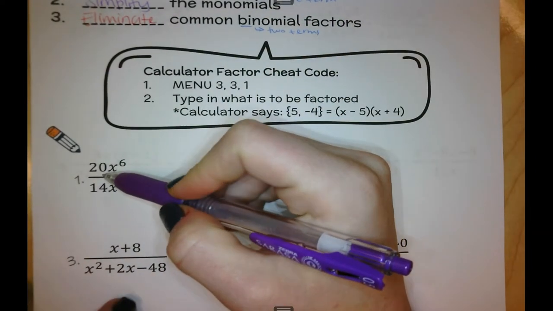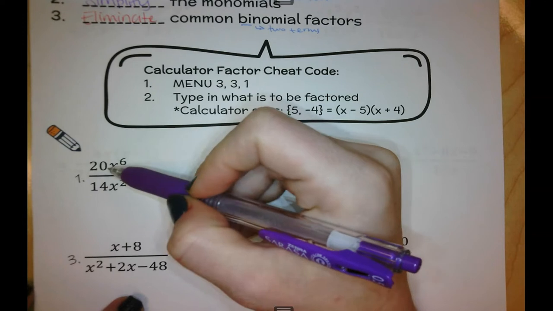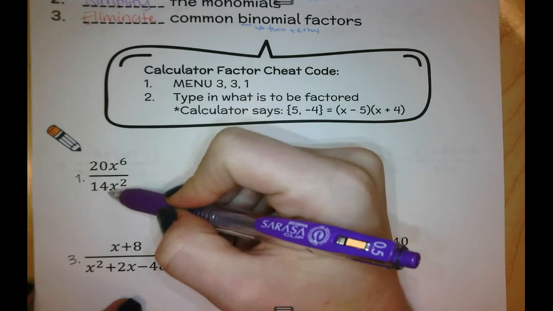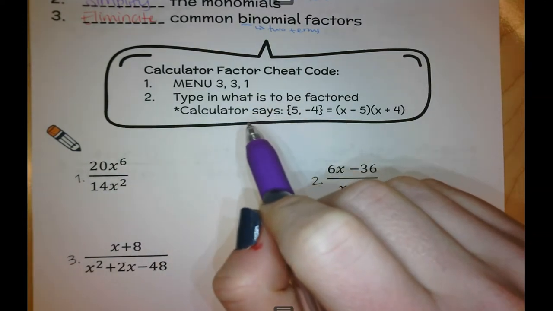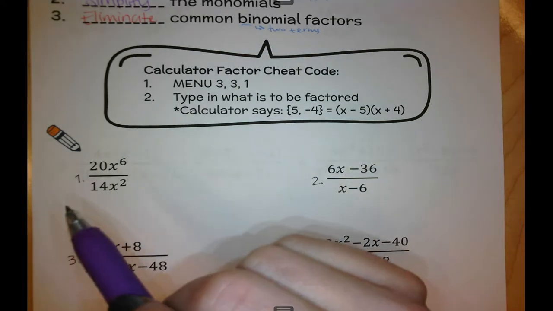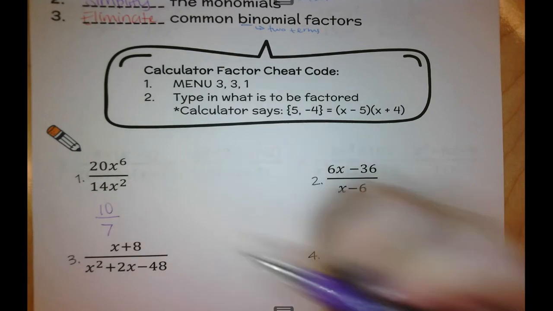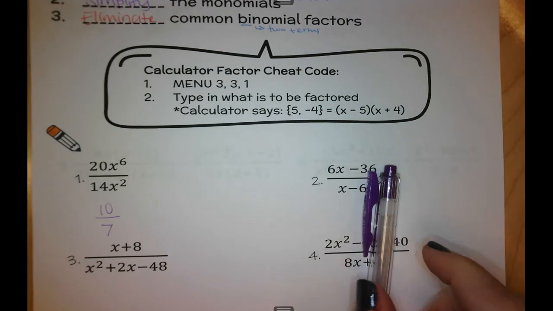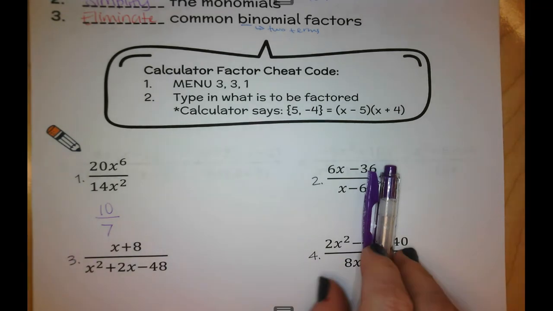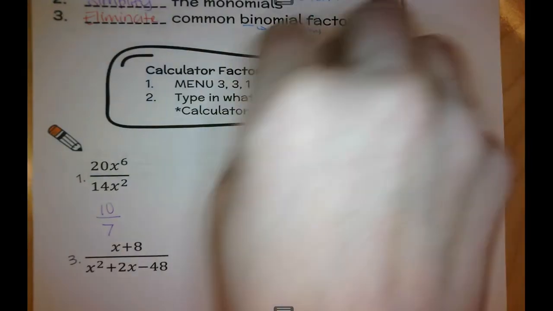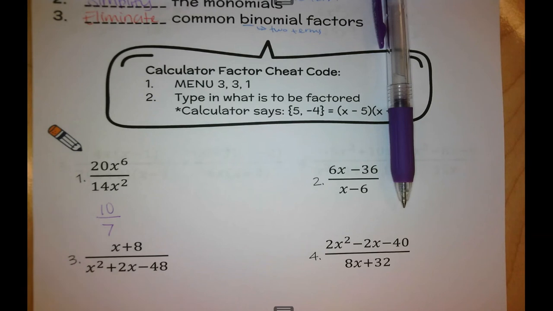Remember when we would reduce fractions, that's what we're going to do here since they don't divide in evenly. So 20 into 14, that's going to reduce to 10 over 7. We want this in the simplest terms. That means you really need to reduce your fraction.